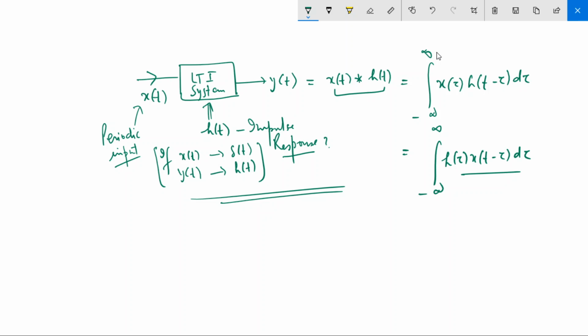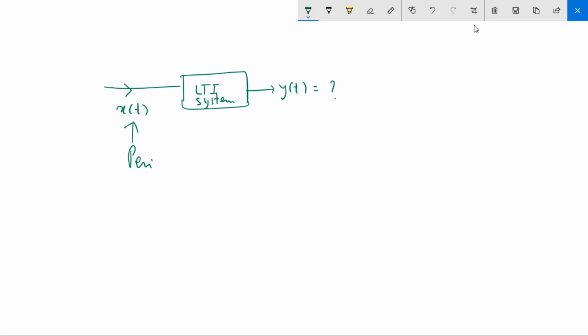So suppose you have a periodic signal x(t), which is processed by an LTI system, and you have to find its output. This is a periodic signal.